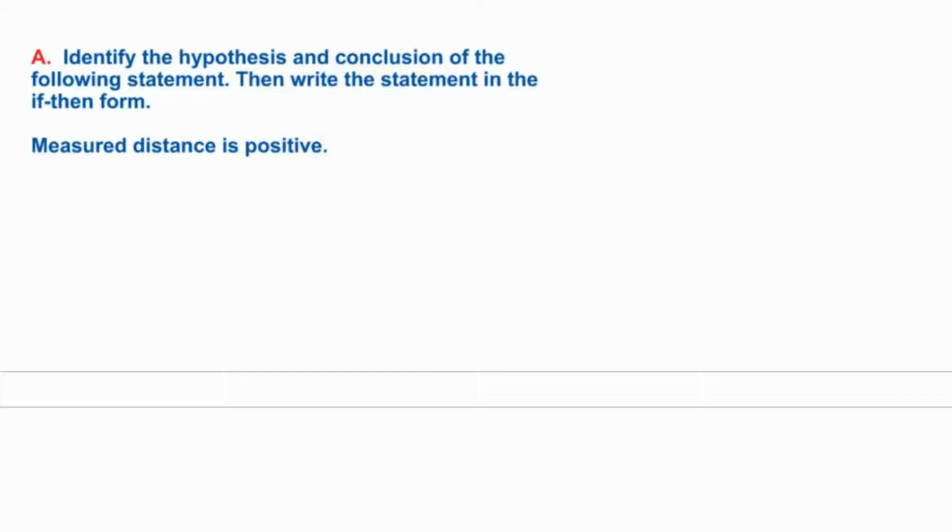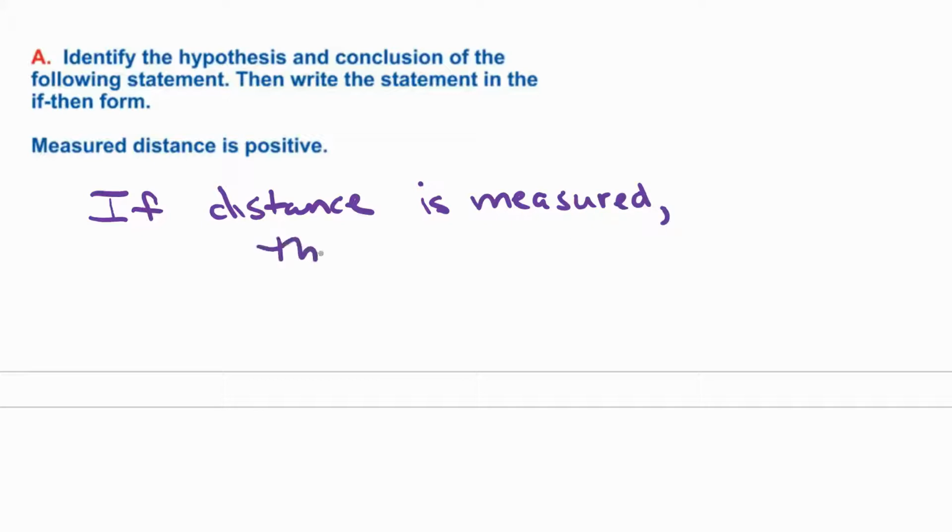So to write it in if-then, we would do: if distance is measured, then it is positive.